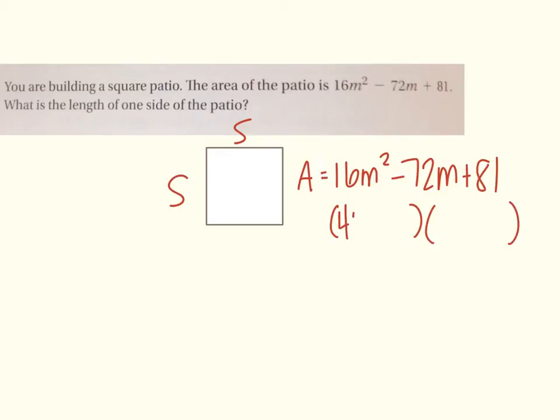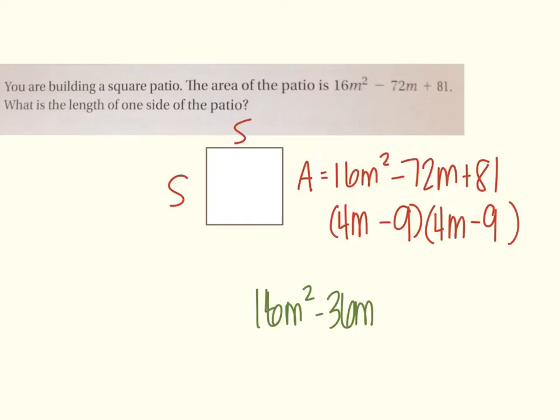4. And since there's m squared, you're going to do 4m. Square root of 81 is 9. Since your signs are minus plus, your signs are going to be minus minus. Just because we didn't test it beforehand, let's FOIL it out now. So 4m times 4m will be 16m squared. 4m times negative 9 will be negative 36m.